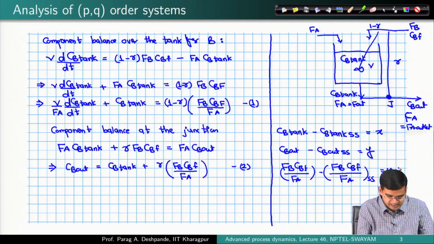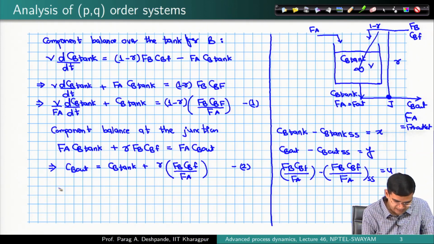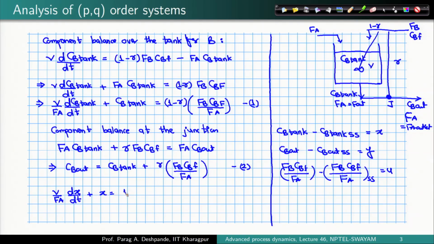If this is the case, then I can write equation 1 as V over F_A dx/dt plus x is equal to (1 minus R) u, equation number 3, and y is equal to x plus R times u, equation number 4.